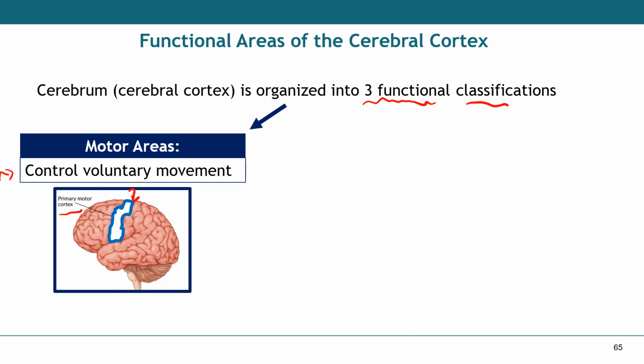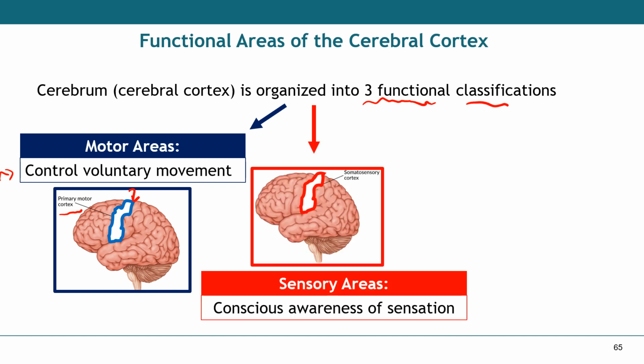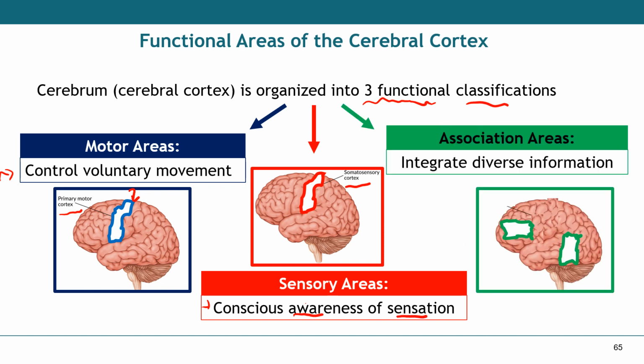In addition to that, we have the sensory areas, and an example of that is the sensory cortex, which is in charge of conscious awareness of sensations. And finally, the third one, the association areas, where we have areas that integrate diverse information, and here you will find multiple areas that we will show you in the following picture.